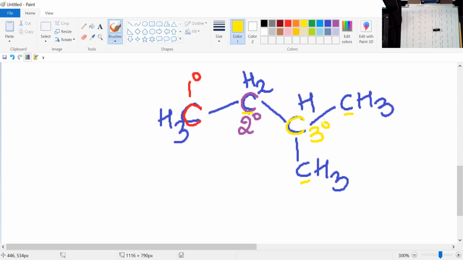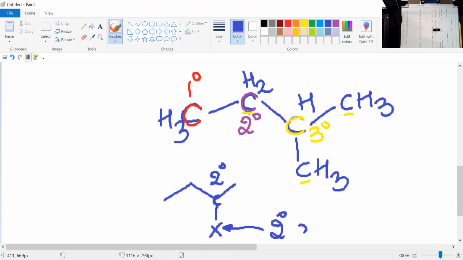And any monovalent atom on these carbons is labeled according to that. For example, if I have a structure like this, this particular carbon I know is a secondary carbon. If I have a monovalent halogen on it, I will label this as a secondary halide.